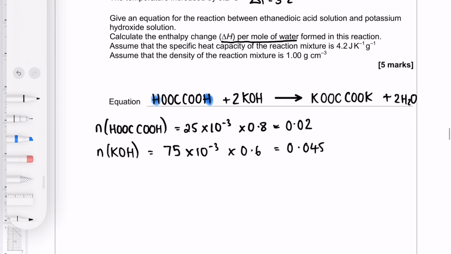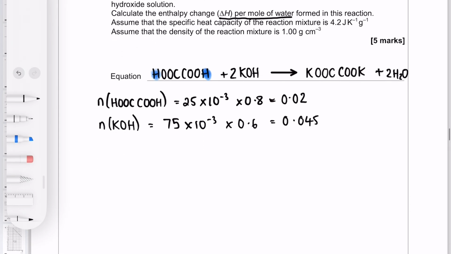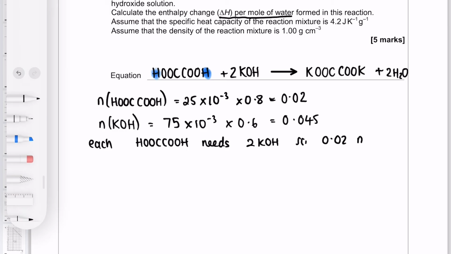So we need to know the number of moles of water. But we need to be careful because we've got different moles of starting materials, and we need to find out who's limiting the amount of water we make. So each ethane dioic acid needs 2 KOHs. So 0.02 needs 0.04, which means this is limiting.